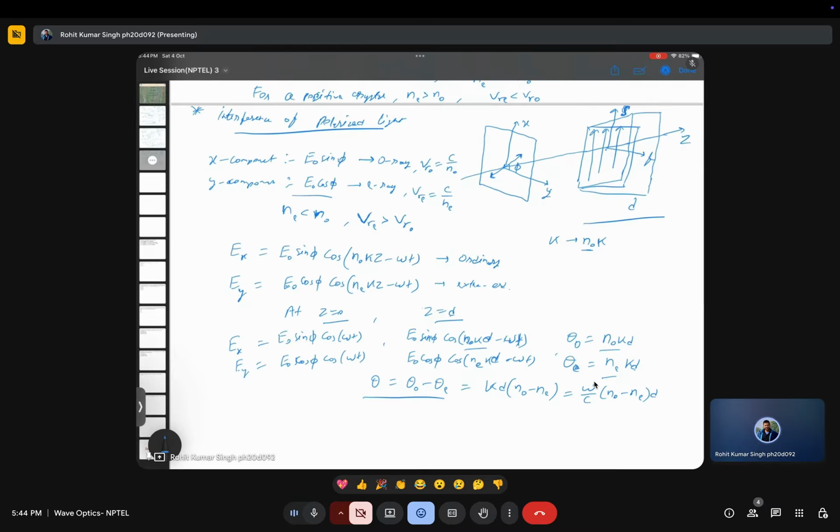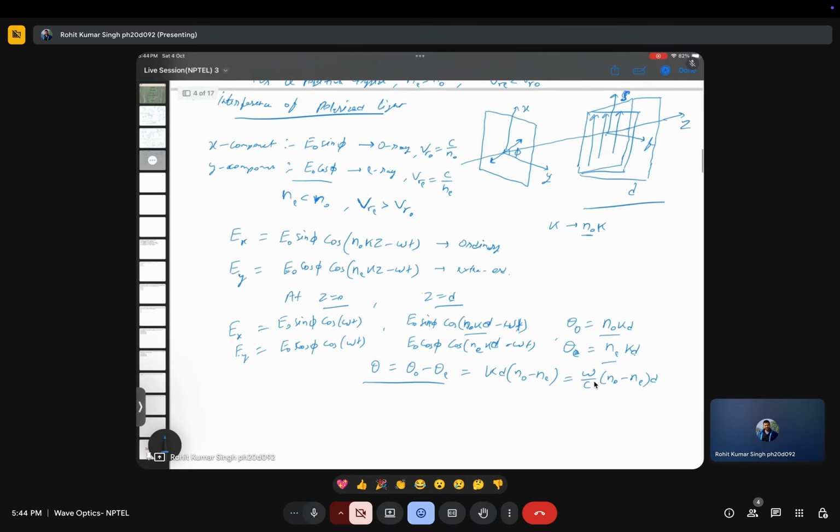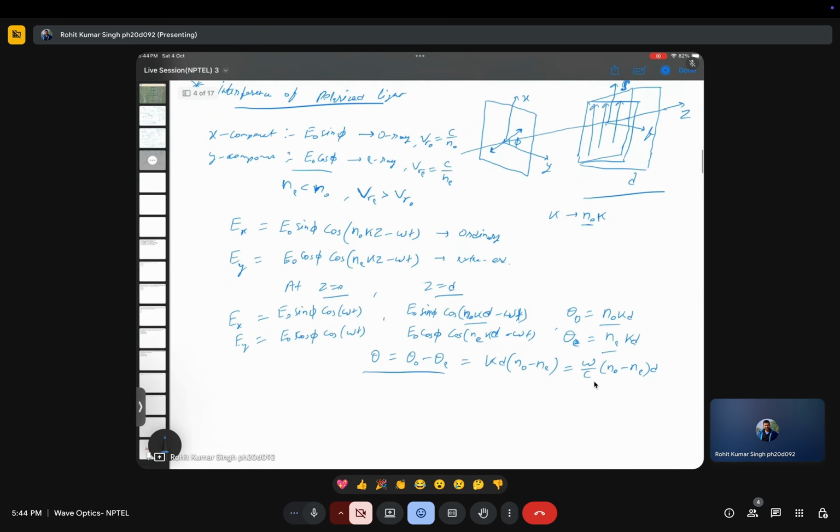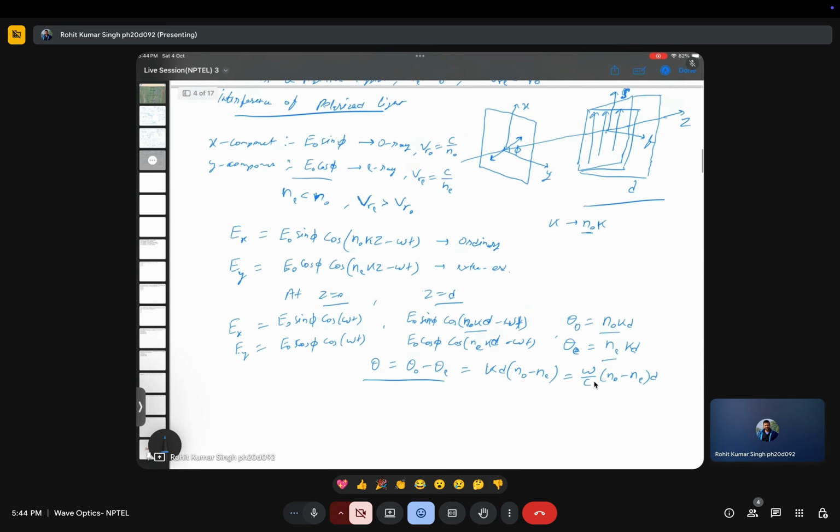So they can now interfere, right? And we have studied in the last lecture what happens when two polarized lights interfere, right?